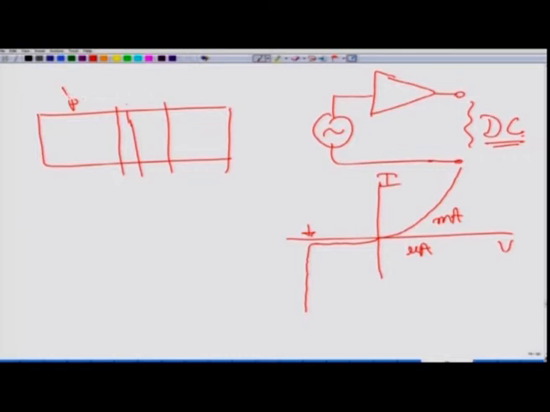If this is the P side and this is the N side, the electric field is from right to left, and then you connect it to this reverse bias.